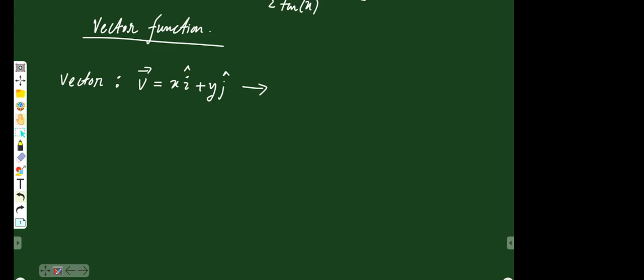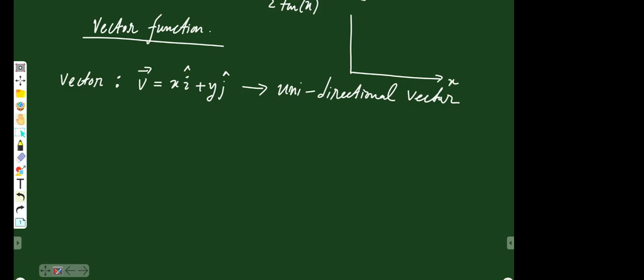This is called a unidirectional vector. Write the note, okay, because I can't send it to you. Unidirectional vector, right? Why? Because if you have i and j, it would be like this, so it's unidirectional. You can see it's one directional, right?